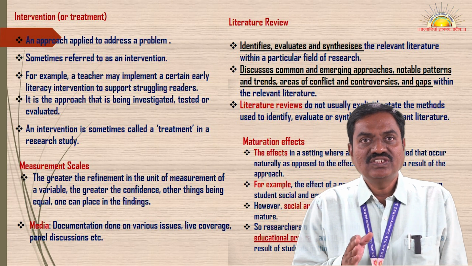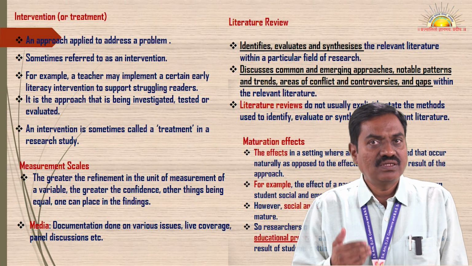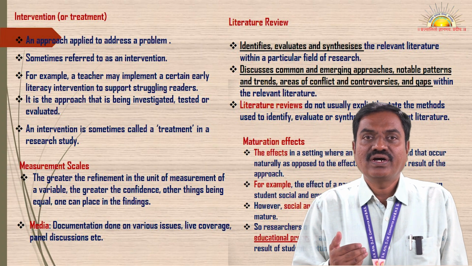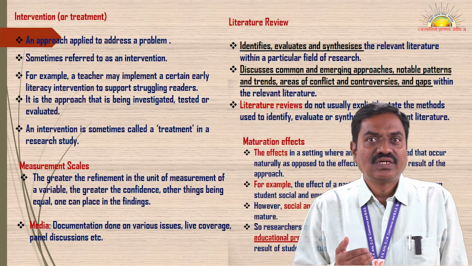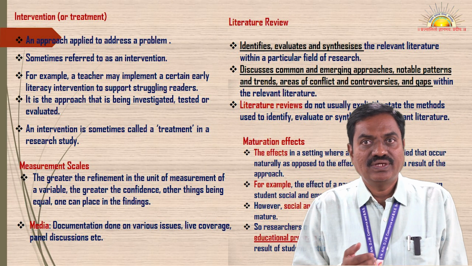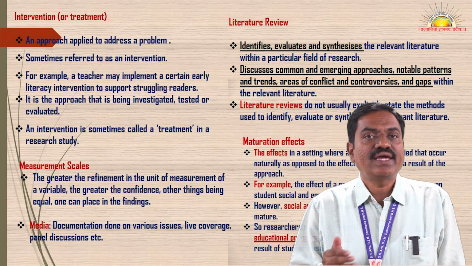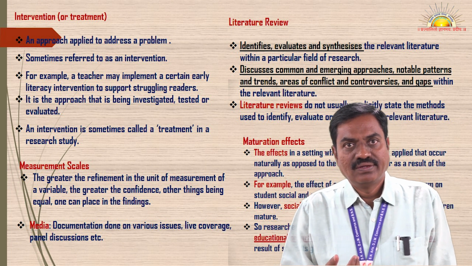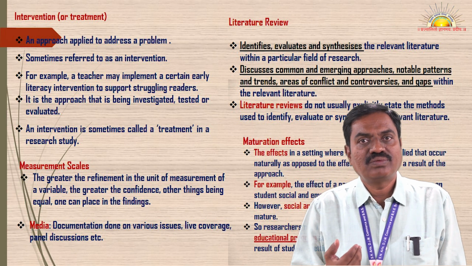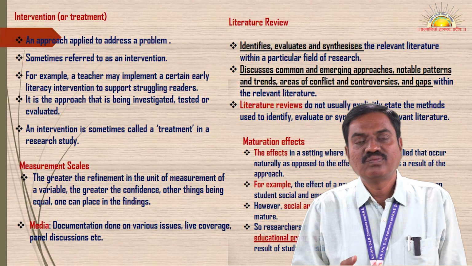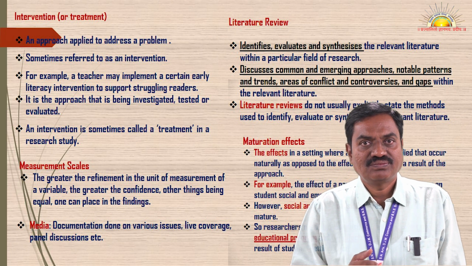The next term is maturation effects. Maturation effects are the effects in a setting where an approach is applied that occur naturally, that would have occurred anyway, as opposed to the effects that occur as a result of the approach. For example, researchers may want to know the effect of a particular educational program on students' social and emotional skills.